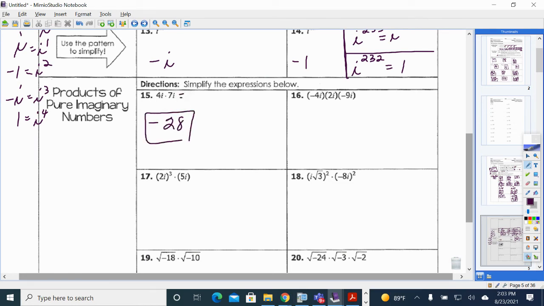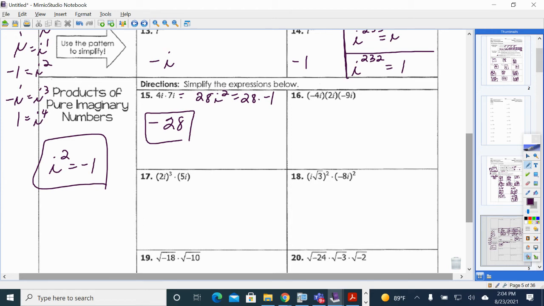And it's because 4i times 7i is 28i squared. And again, i squared is equal to -1. This is one I need for you to know. So this becomes 28 times -1, which is a -28.